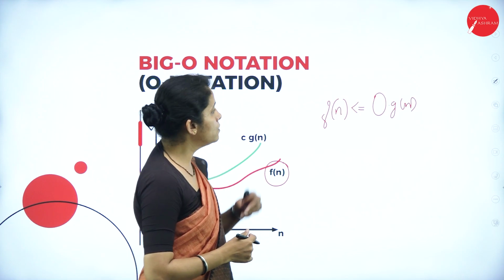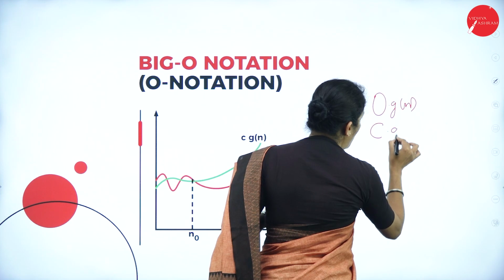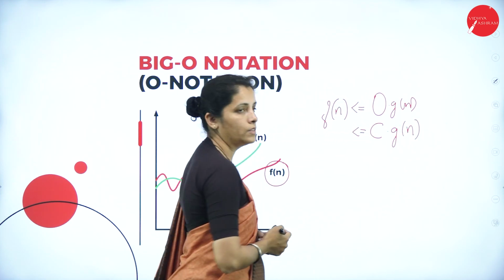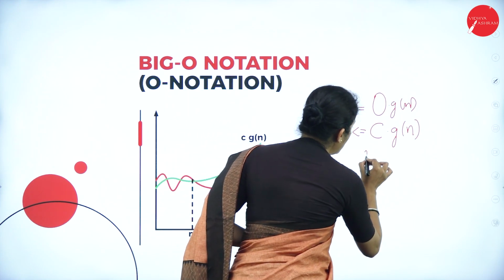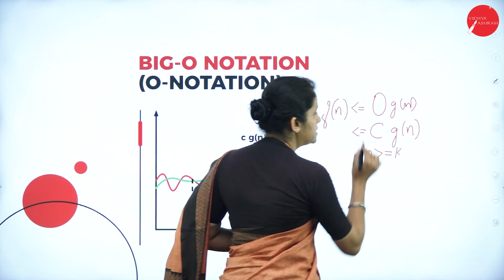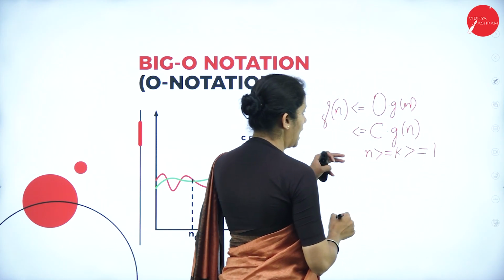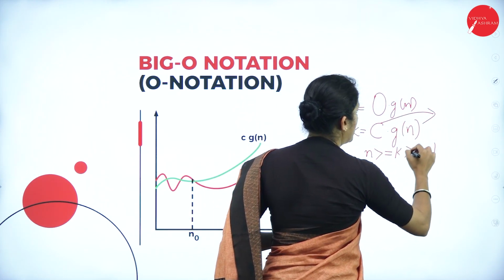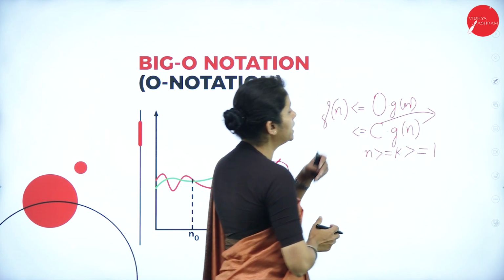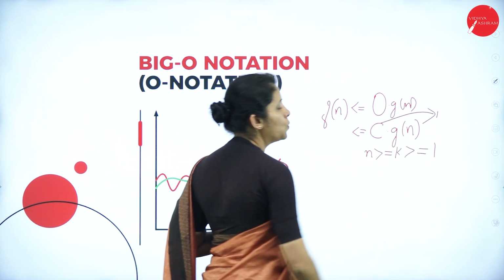Now I'm replacing O with the constant value, that is c times g of n, where n must be greater than or equal to k. This k must be greater than or equal to 1, and the constant c is also greater than or equal to 1.